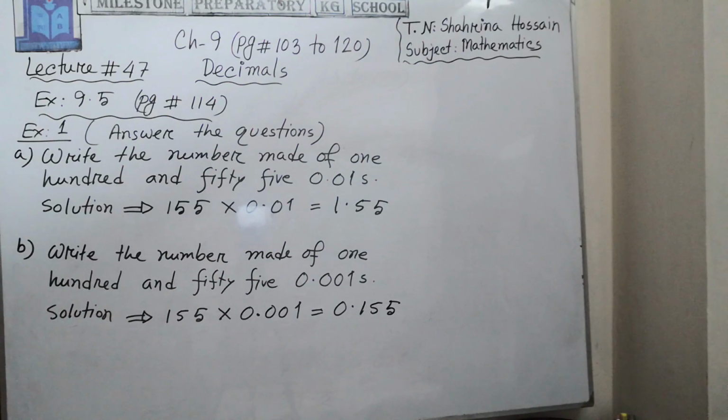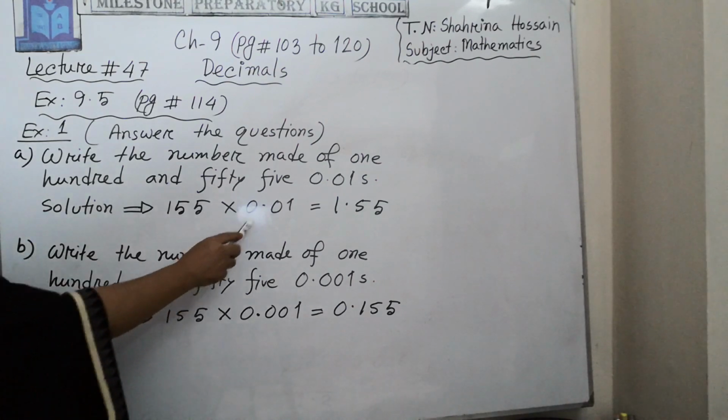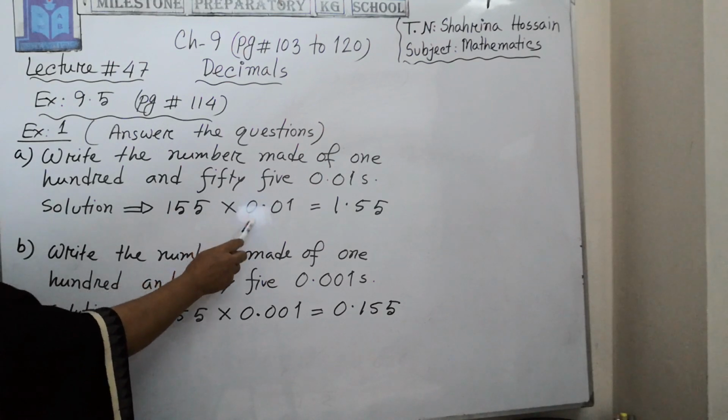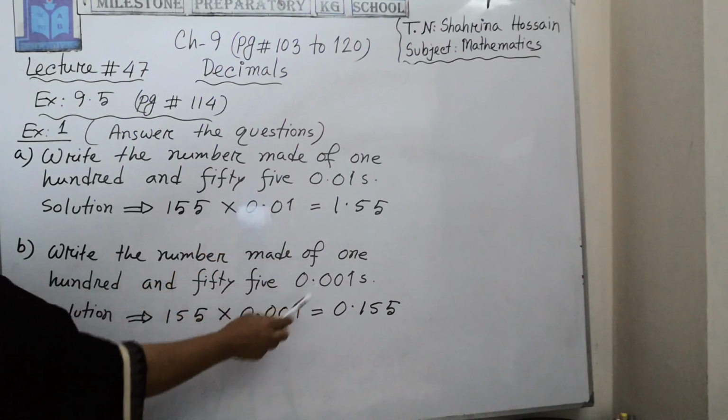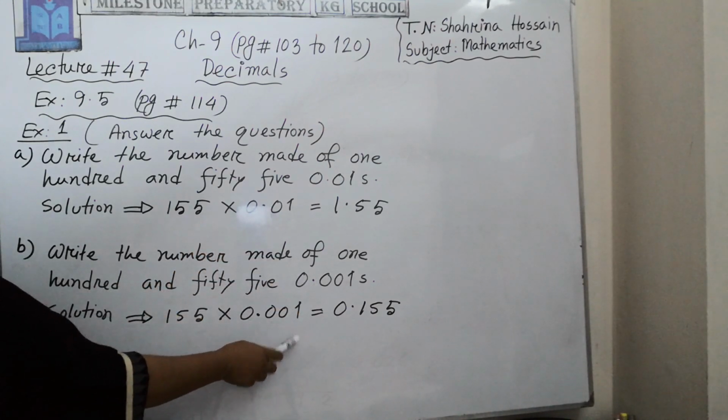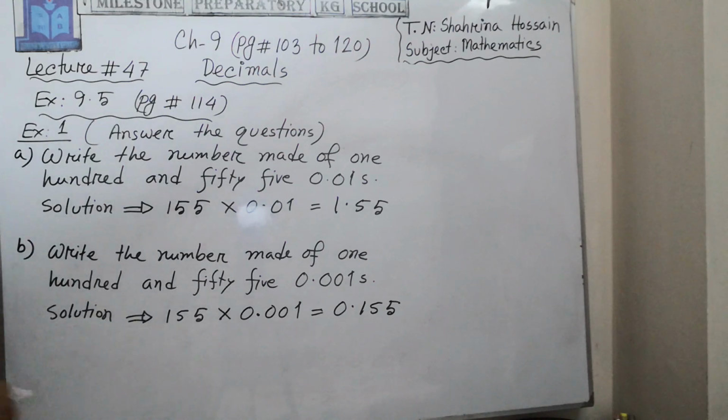By this way we can easily multiply in the decimal fraction when our multiplier is like 0.01 or 0.001 or 0.0001. This type of fraction. Okay.